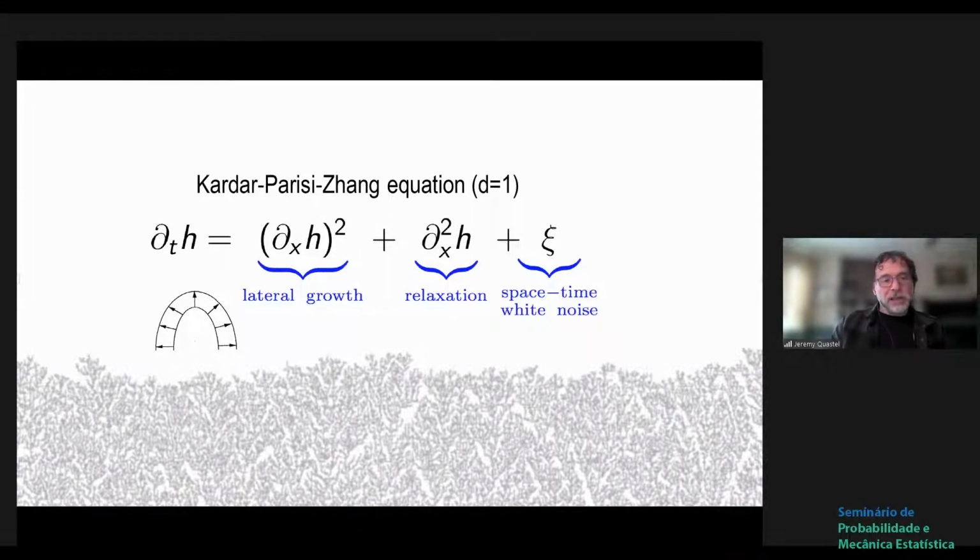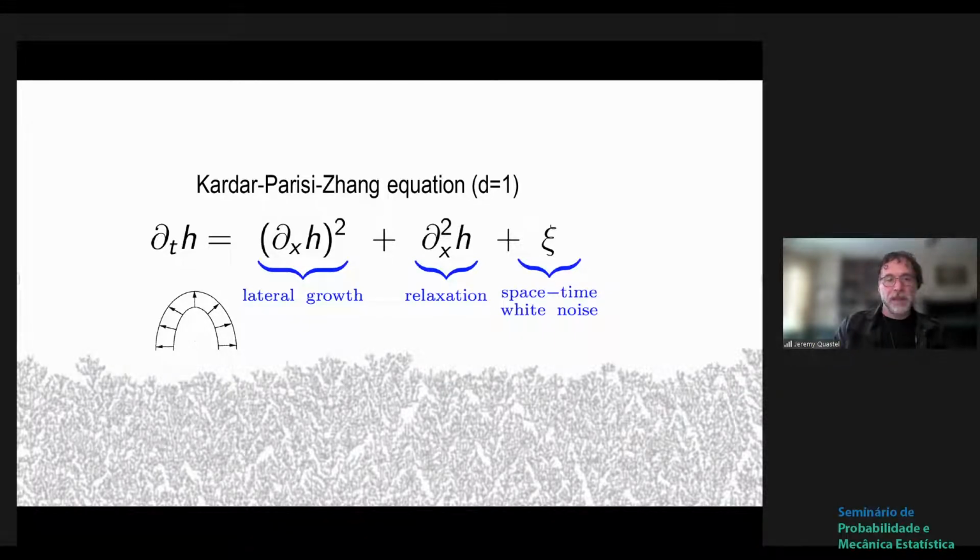And then you could say, well, in this little picture, the nonlinear function would be something like the square root of 1 plus (∂_x h)². But what turns out to happen is that it doesn't really matter what nonlinear function you put in there. There's kind of a universality where it just picks out (∂_x h)² as the only nonlinearity which is allowed in the equation. And so this thing is just some model of any nonlinearity, this (∂_x h)². Okay, so that's how you get the Kardar-Parisi-Zhang equation.